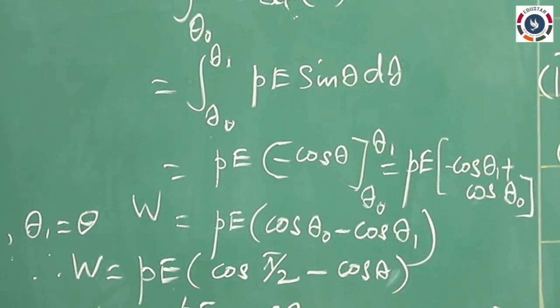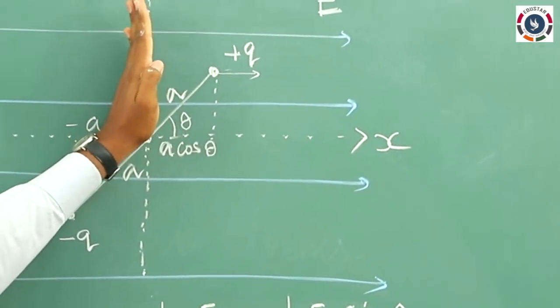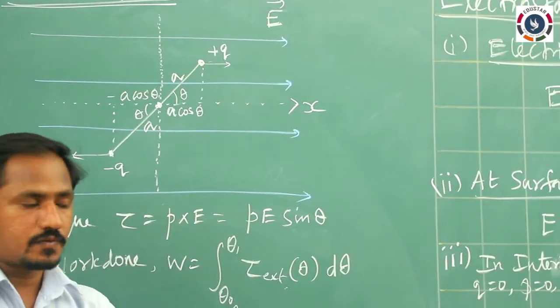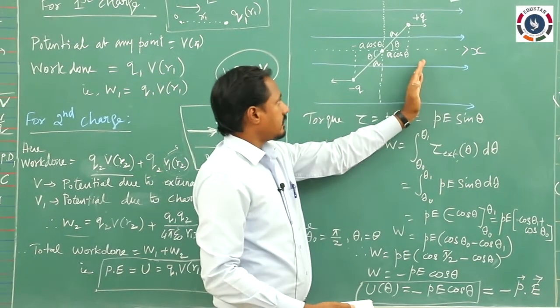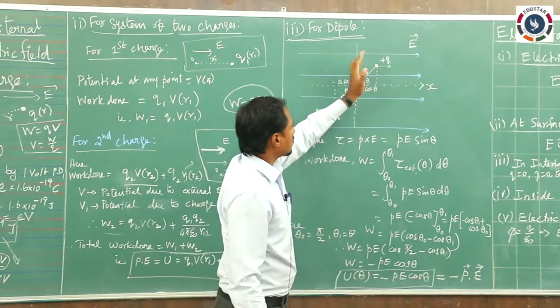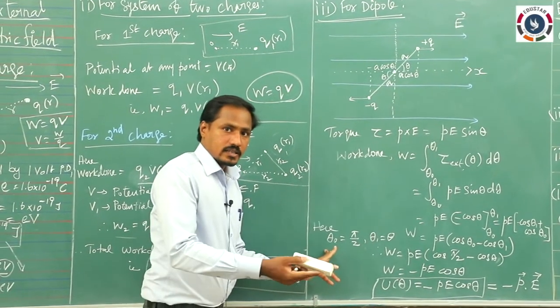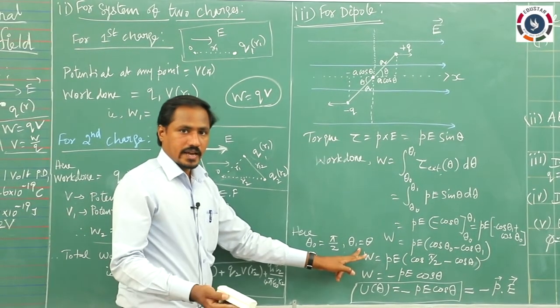Suppose we assume the potential energy is 0 at the position theta equal to 90 degrees. Always we take the charge from potential 0 to some particular point. The same way here we are assuming the potential energy is 0 at theta equal to 90 degrees, that is theta equal to pi by 2, taken as the initial point, and the final point will be any angle theta.